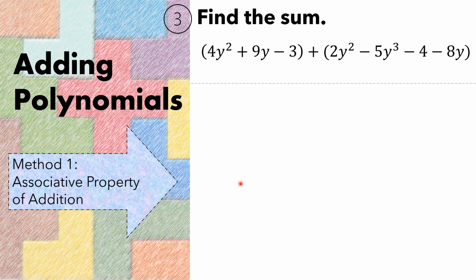Okay. Third example, method 1. Find the sum of 4y squared plus 9y minus 3 plus 2y squared minus 5y cubed minus 4 minus 8y.